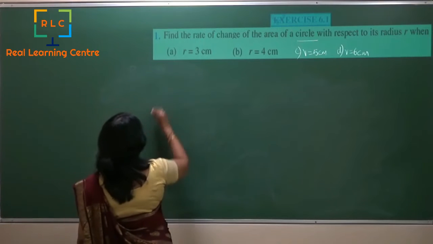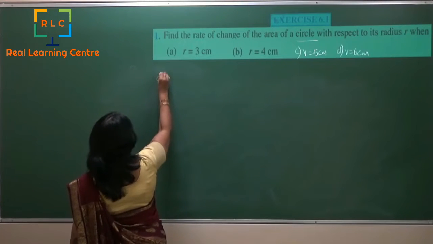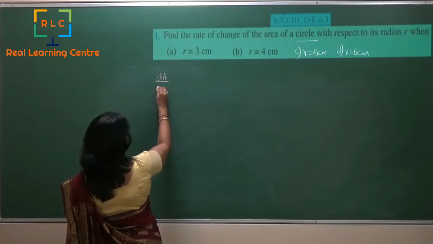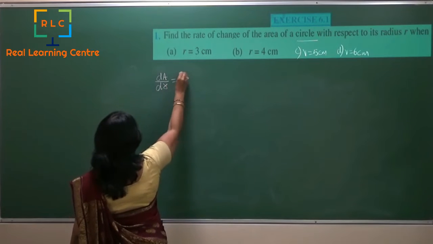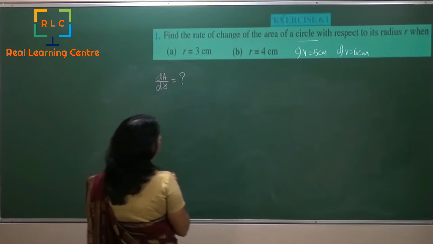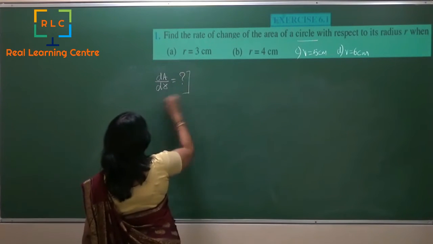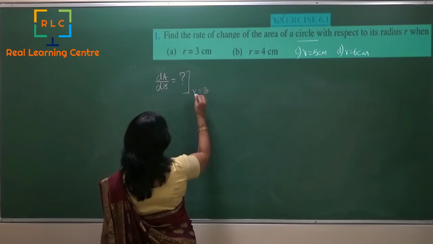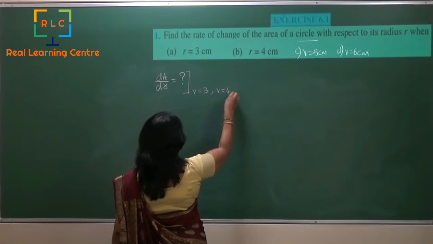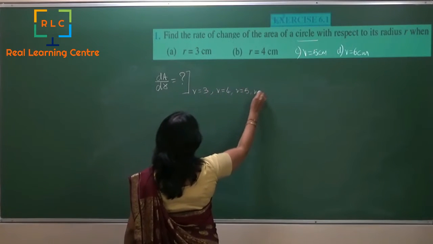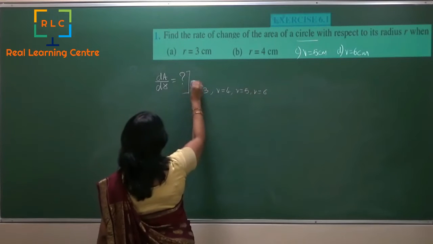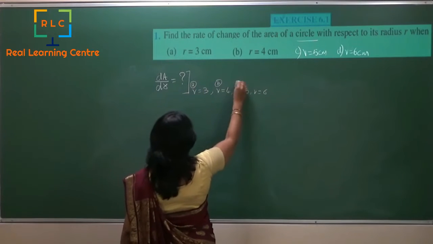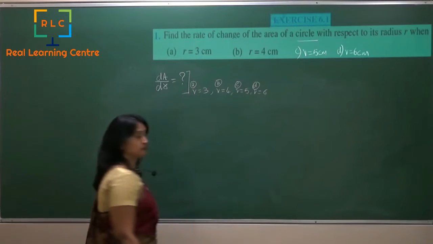So find the rate of change of area dA with respect to radius. dA by dr is equal to question mark, when r equal to 3, r equal to 4, r equal to 5, r equal to 6. I'll call this A problem, B problem, C problem, D problem.